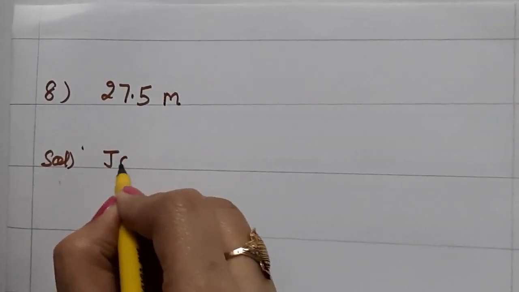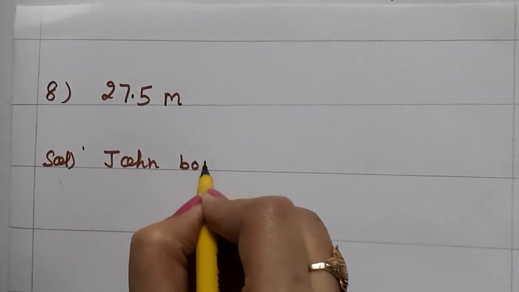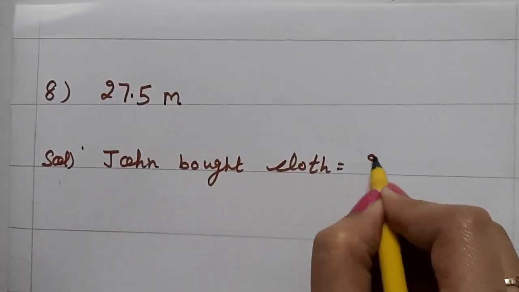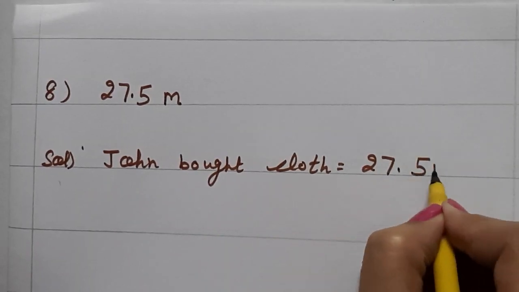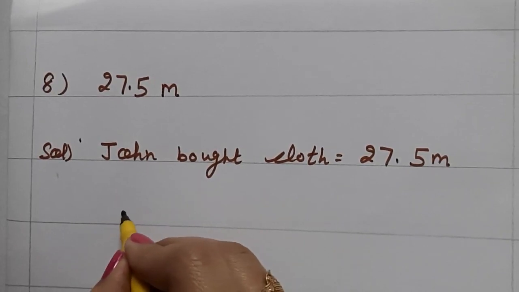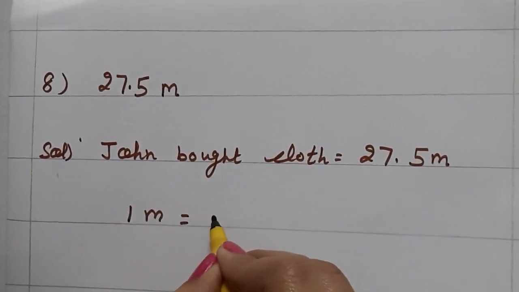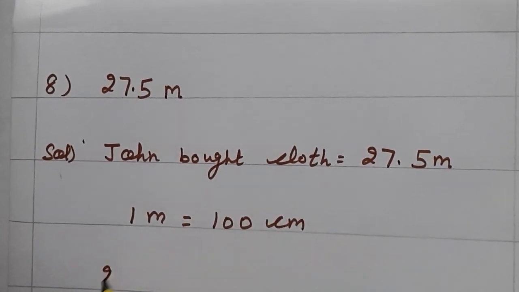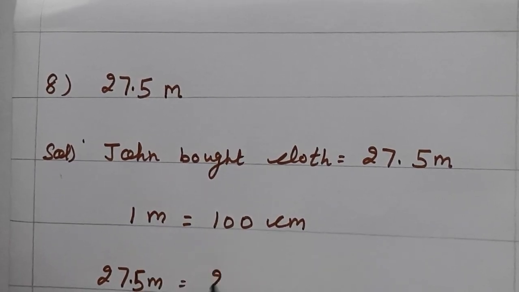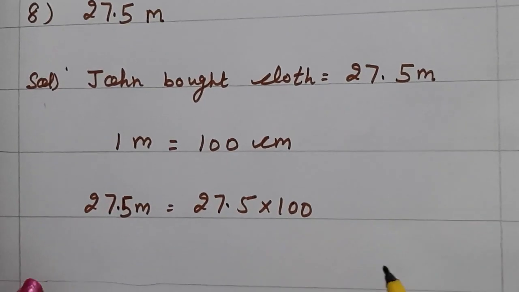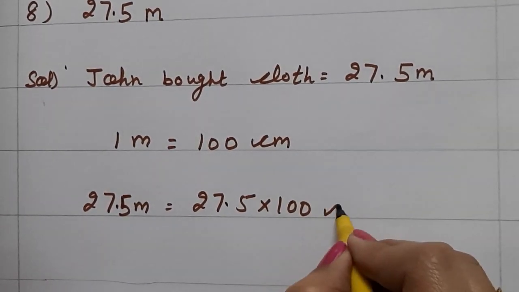So John bought cloth, 27.5 meter. 1 meter is equal to 100 centimeter. 27.5 meter is equal to 27.5 multiplied by 100 centimeter.